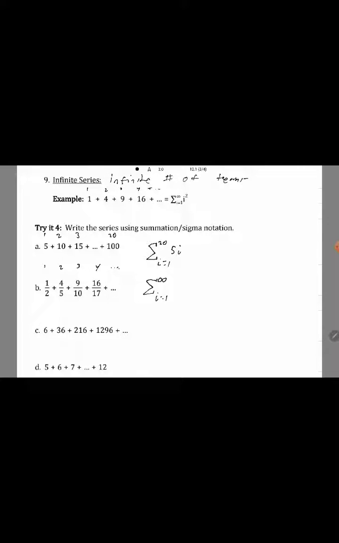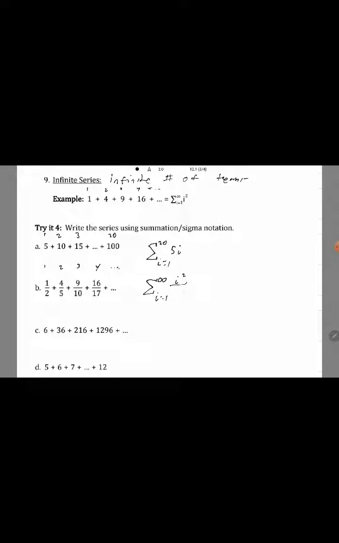When you're dealing with fractions, you want to see them separately as 2 different patterns. So for example, if I look just at the top, 1, 4, 9, 16, we'll notice that the top is actually i squared, right? I plug in 1, I'll get 1 squared, 2 squared is 4, 3 squared is 9, 4 squared is 16.